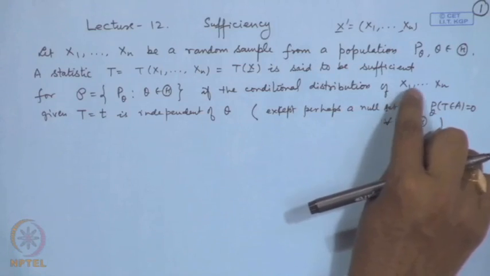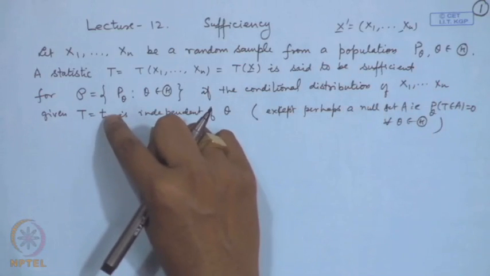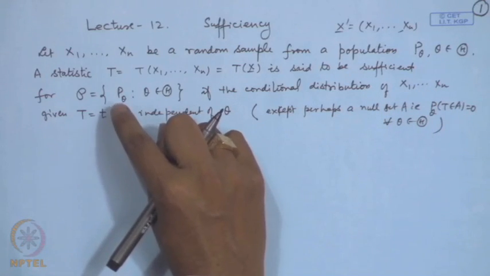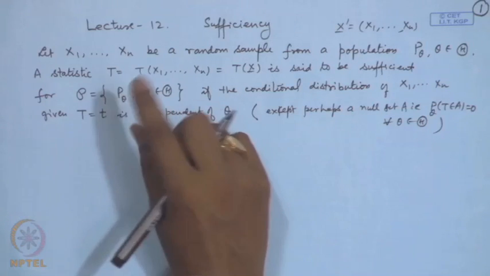It means that even if I may not have the initial x 1, x 2, x n with us, we can generate that distribution once again because the distribution of x 1, x 2, x n given t is free from the parameter, and t is known to us.